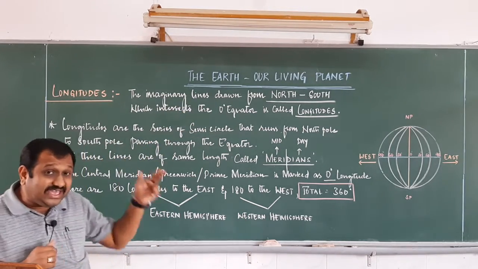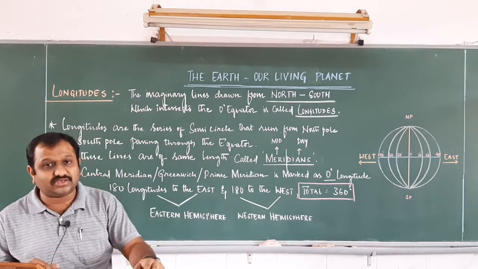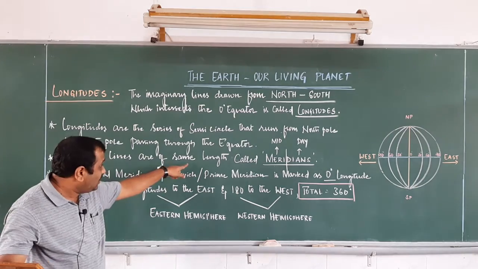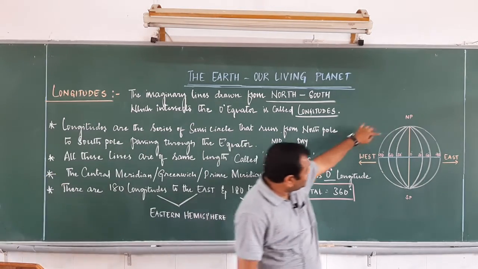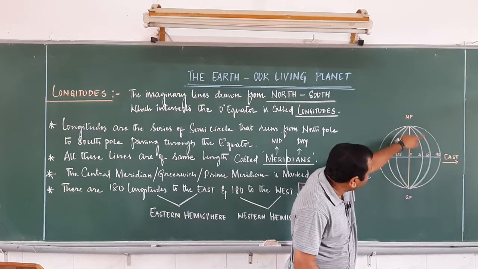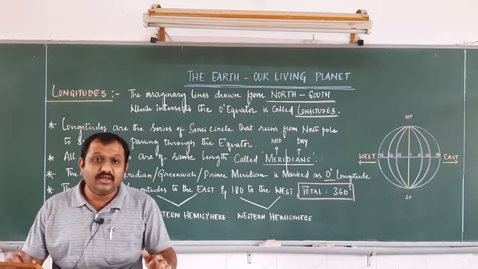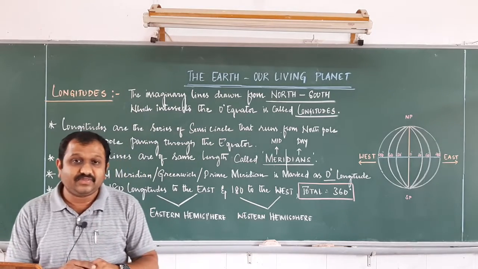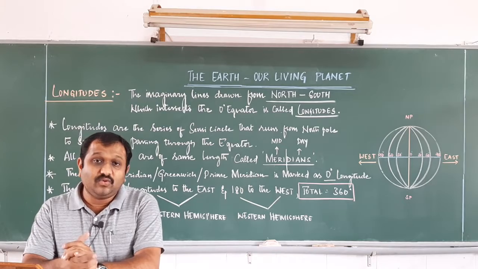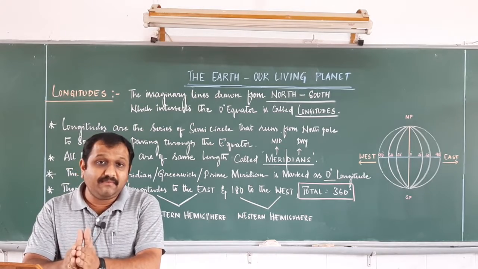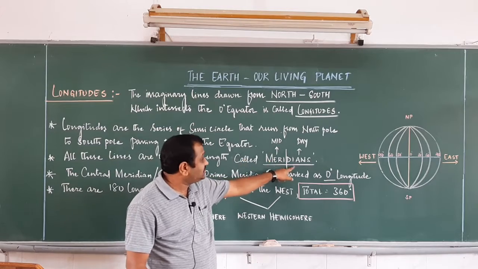All these lines passing in the north to south direction are of the same length, and these lines are called meridians. What do you mean by meridian? Meri means mid. Dian means day.